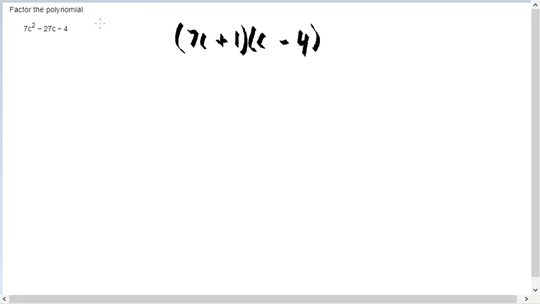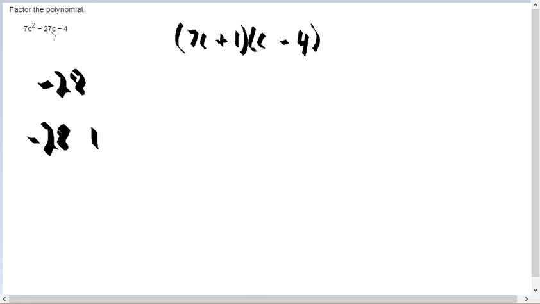Okay, another way to look at this is to multiply the 7 times the minus 4 to get negative 28. And then we'll figure out two numbers that multiply to negative 28 and add to negative 27, so that would be negative 28 and 1. And then we can change this middle term like this: 7c squared, minus 28c plus c, minus 4.